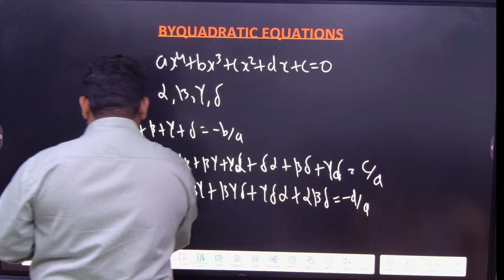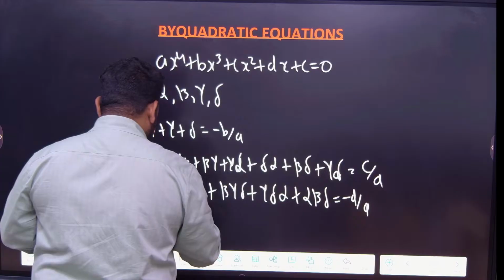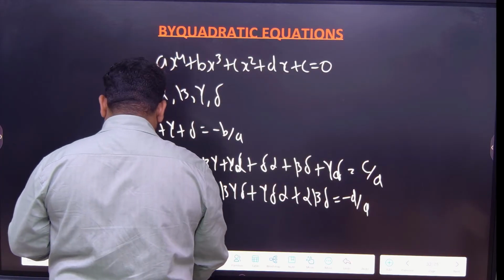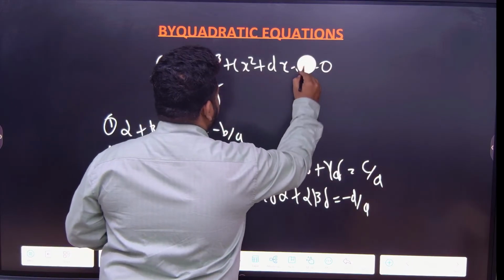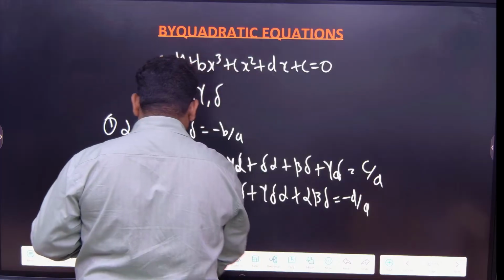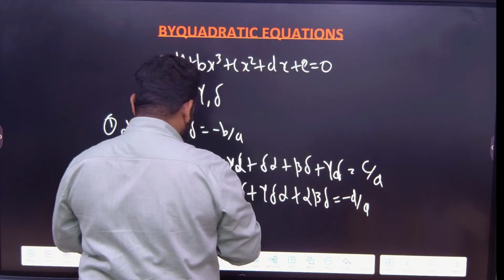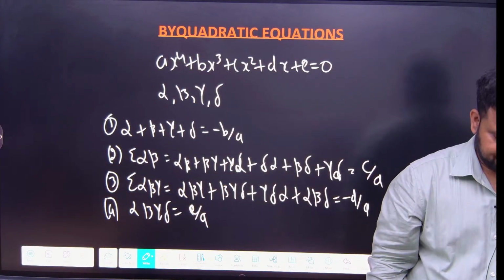Next, product of the roots, that is alpha beta gamma delta, will be equal to e by a. So make a note, this is equal to e by a.